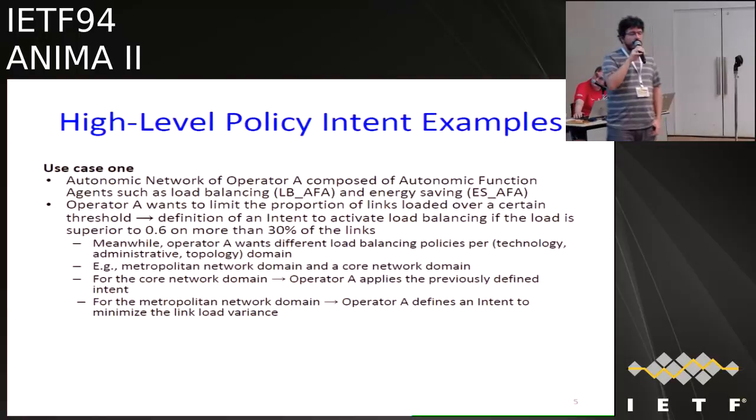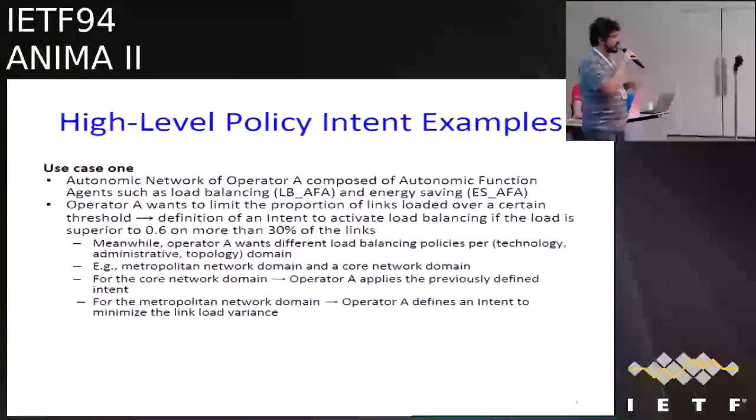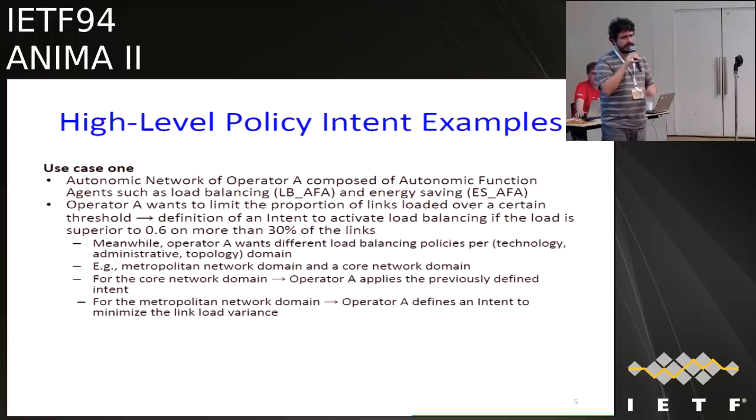For example, the operator can define that for some part of the network, for example the metropolitan part of the network, we have some kind of load balancing, and for the core network, we can have another level of load balancing. And also probably the intent must be interpreted to come to the conclusion for each part of the network. Next slide.